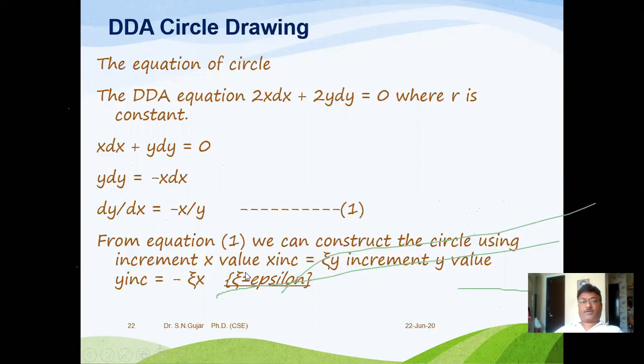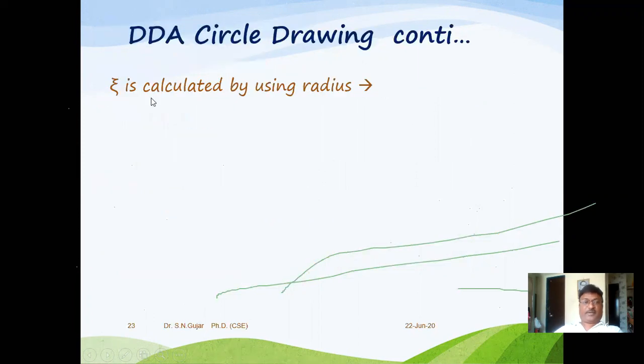So what is this epsilon? See, epsilon is calculated by using radius. Because when you are going to draw the circle, you have to follow the radius. Suppose radius is 0, then you cannot draw the circle, it will only draw the point. So radius must be greater than 0.